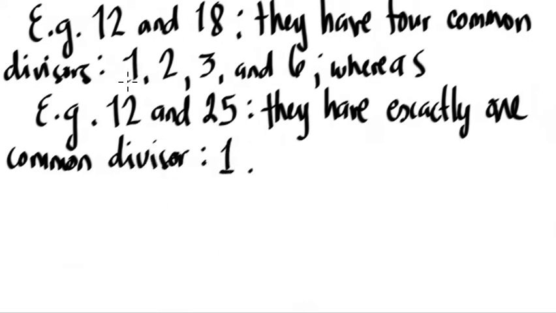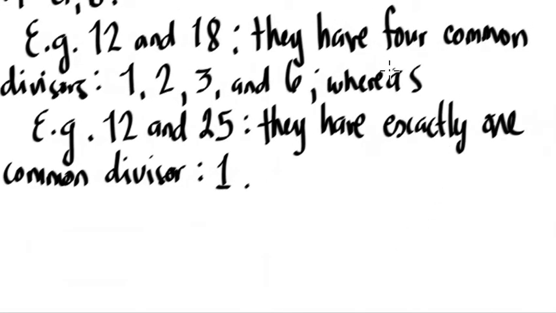So in both of these examples, the pair 12 and 18 has four common factors. But in the next example, 12 and 25 have exactly one common factor, which is one. There will be a special case for this second example. We will talk about that later.